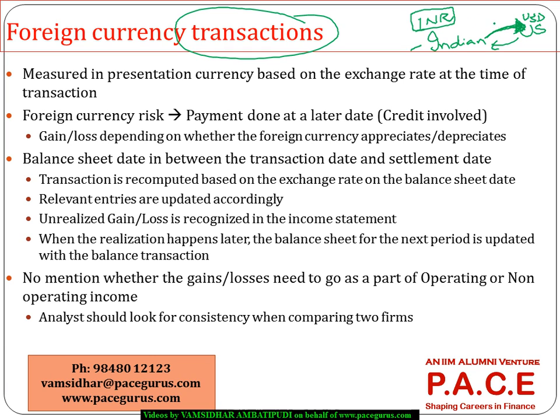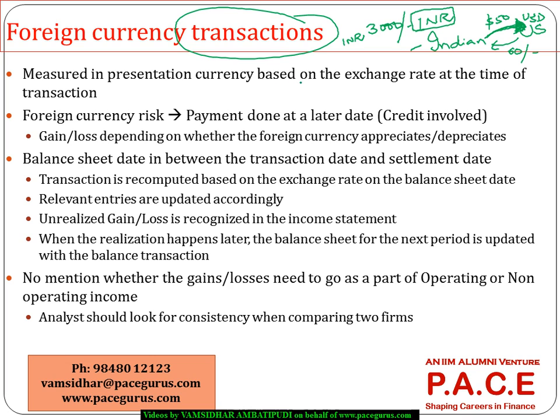So let's say, as an Indian company, I have sold something in the US for $50, and on that date of sale the exchange rate is 60 rupees per dollar, which means a sale was made for 3,000 rupees.